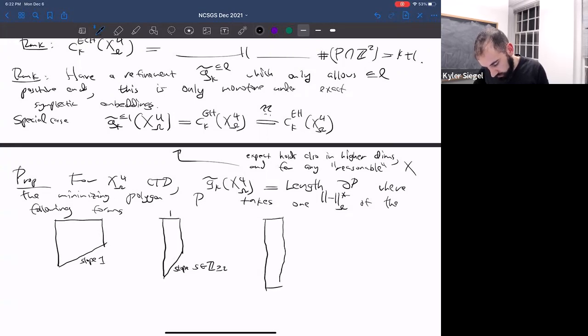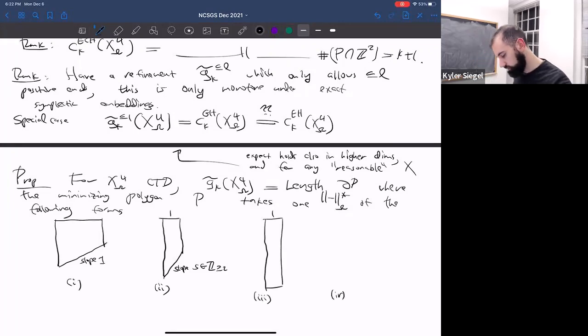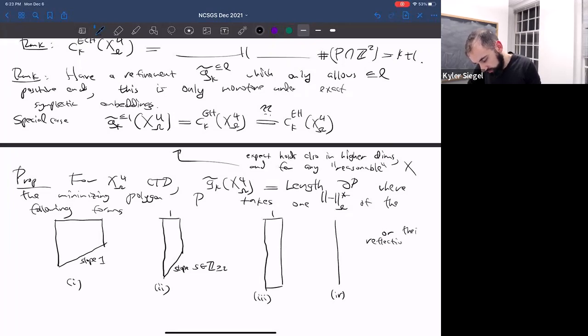Or it could be a rectangle where the short side has length 1, so there are 4 cases. And the last case is just a degenerate rectangle, just a vertical line. Or it could be the reflections of these about the line y equals minus x.